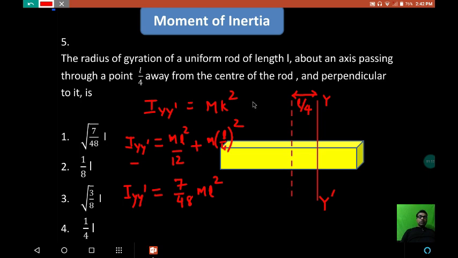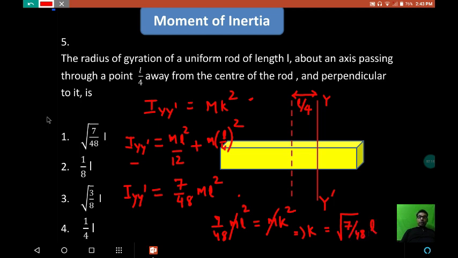Comparing this with the equation, we get 7 by 48 m L square equals m k square. Cancelling the m, we get k as under root of 7 by 48 times L. So here option 1 is the correct option.